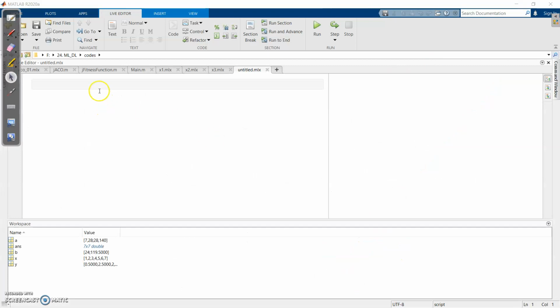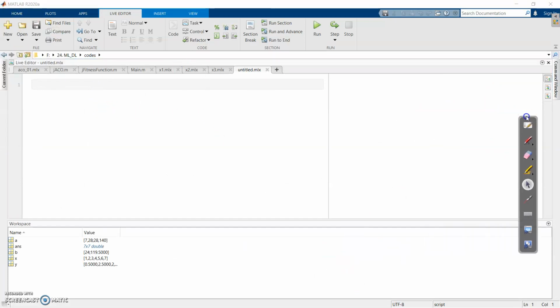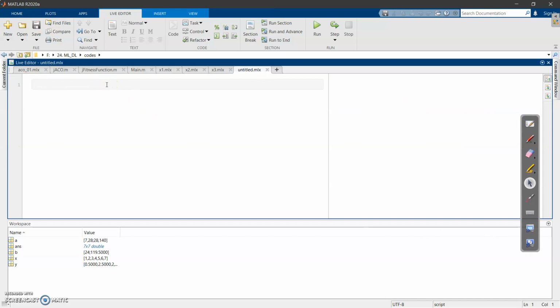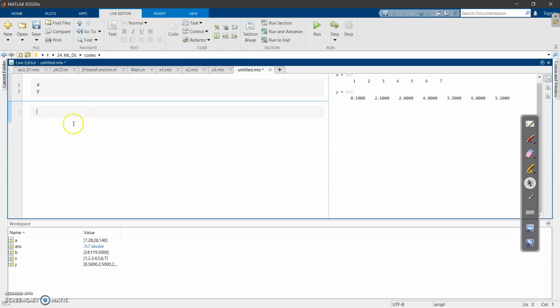First we had our x and y. x was 1 to 7, and y was a vector of length 7. So we can make our c matrix: first comes 7, that was n, then summation of x.